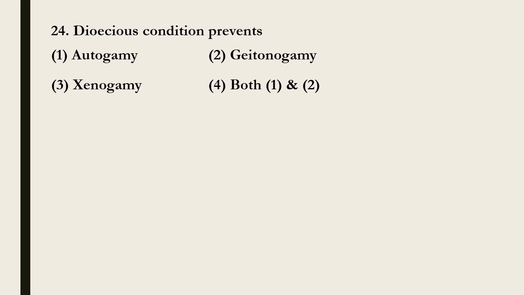So let's see what dioecious means. Dioecious is equivalent to unisexuality. Unisexual condition is dioecious. So this unisexuality prevents. What does unisexual mean?